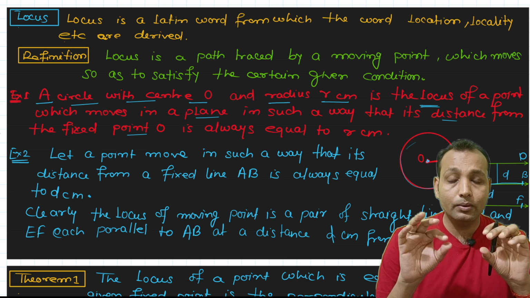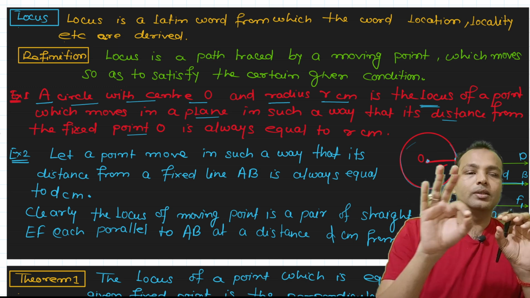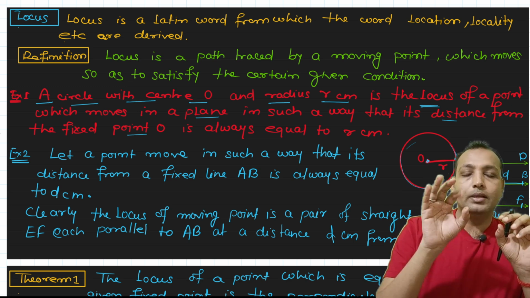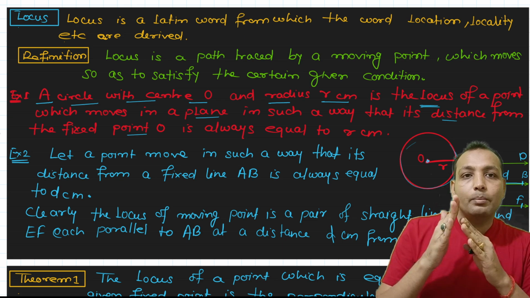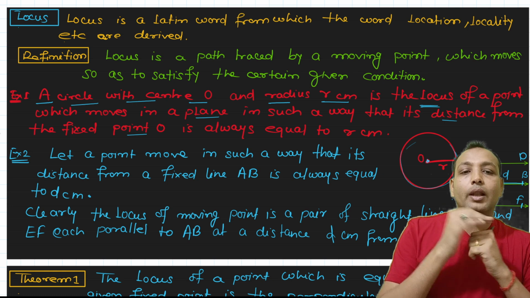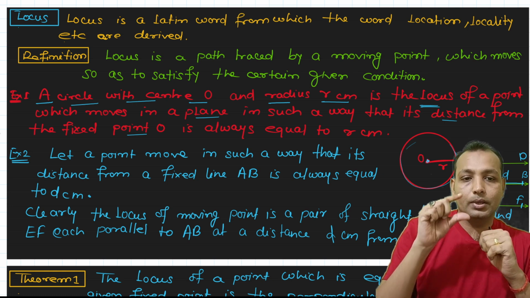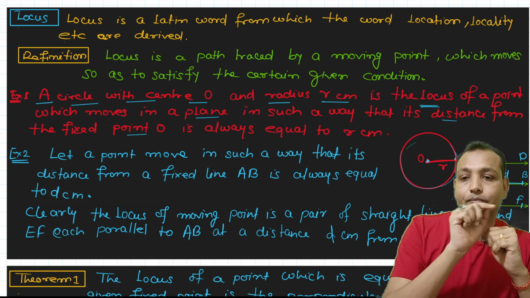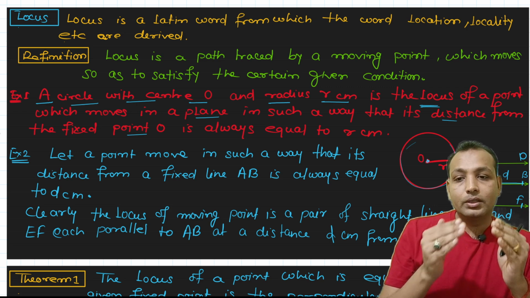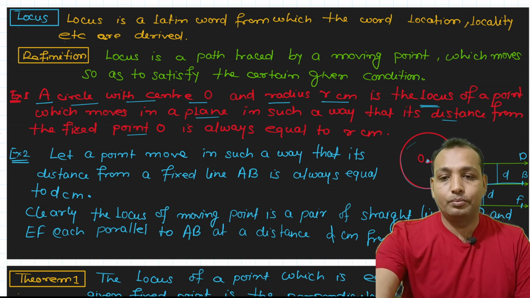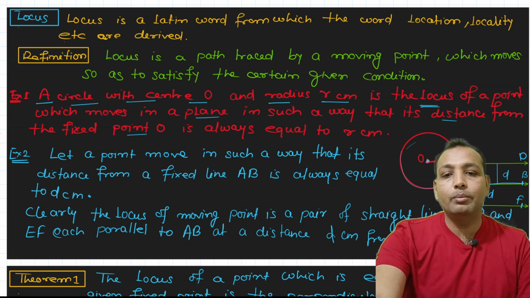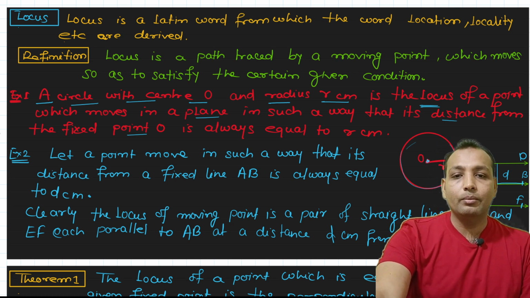Here we can see EF and CD, two lines moving parallel to line AB. So CD and EF are parallel to AB at a distance d centimeter from it.